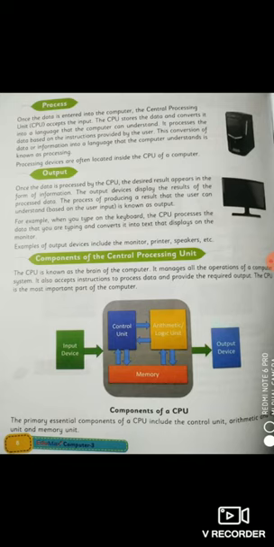Now output devices are monitor, printer, speakers. Monitor is for our eyes, that we visually see. Printer is for the text format, the document, like the hard copy. Speakers are again the sound that we can hear. Again, it's the output.